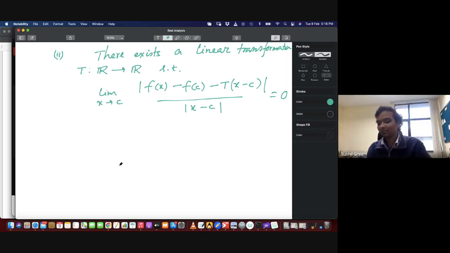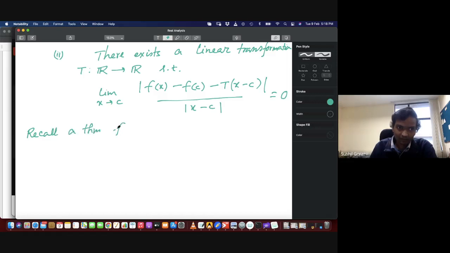So we'll see one thing here. Recall a theorem from continuity. The theorem is this.